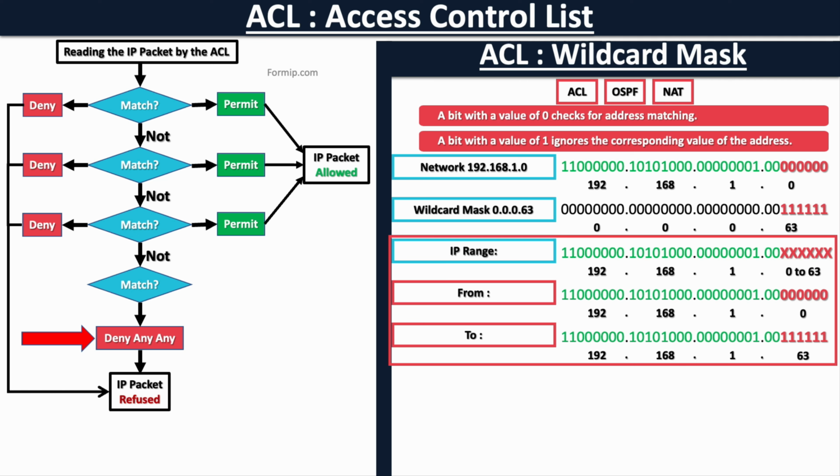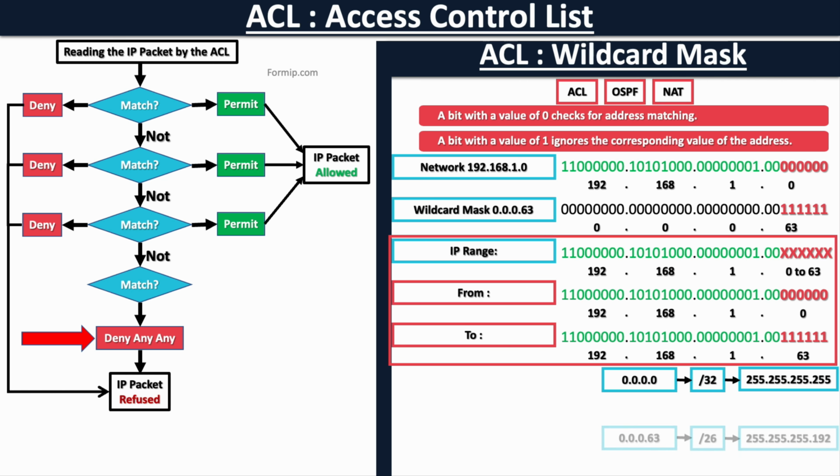So even if I know that now you are unbeatable in binary, I would like to show you a technique to calculate wildcard masks faster. Generally, wildcard masks are used that correspond to subnetworks. For example, a wildcard mask of 0.0.0.0 corresponds to a normal mask of 255.255.255.255, a /32.